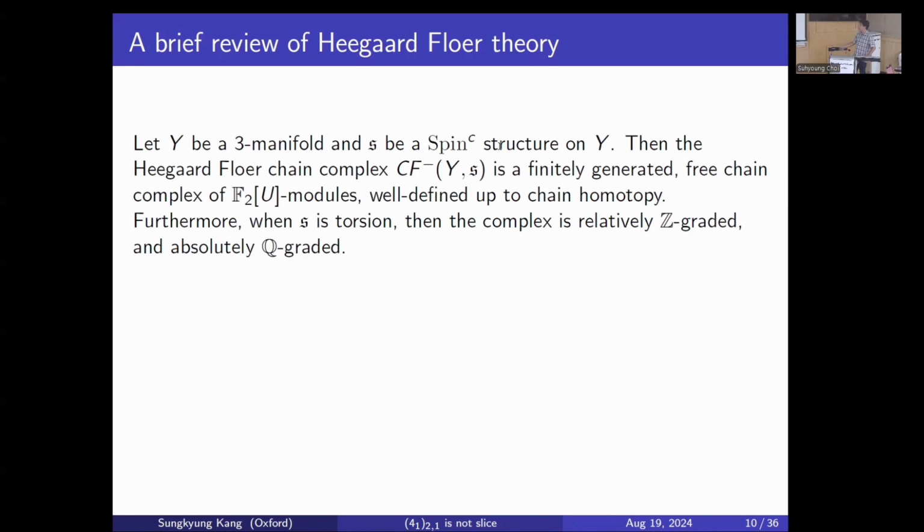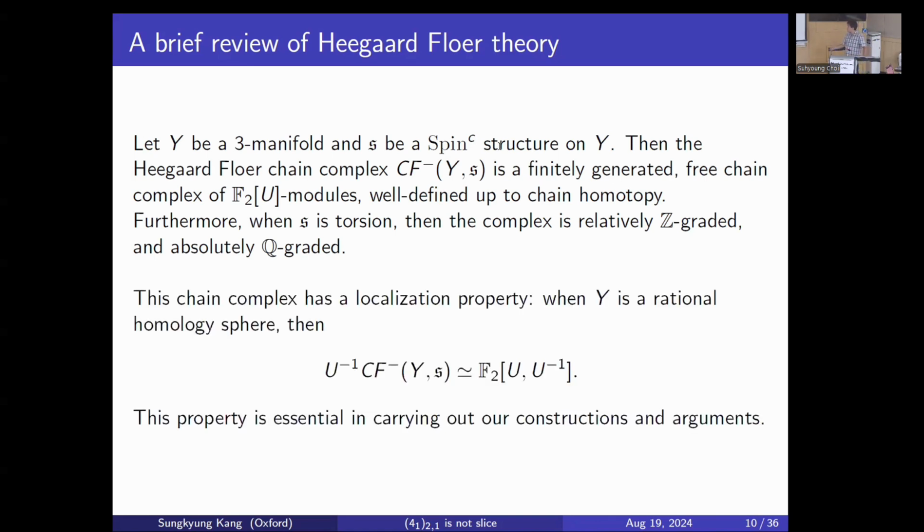It comes with a nasty grading, but it becomes much better when your spin-C structure is torsion. Torsion means the first Chern class c1 is torsion. In which case, the complex inherits a relatively Z-graded and absolutely Q-graded structure, and U becomes a variable of degree -2.